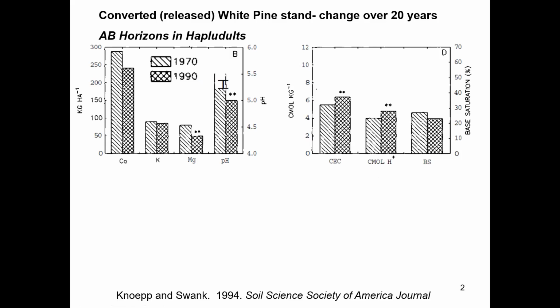So we'd expect the H+ concentration to go up if the pH goes down, right? And then the base saturation again went down as we would expect. So in this particular case, the total cation exchange capacity actually went up despite an increase in acidity because of the increased organic inputs to the soil. So that was a pretty cool finding.